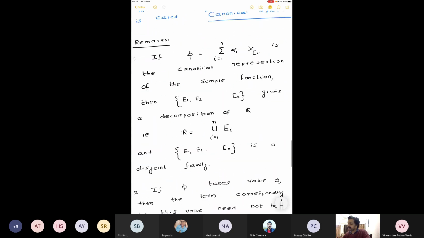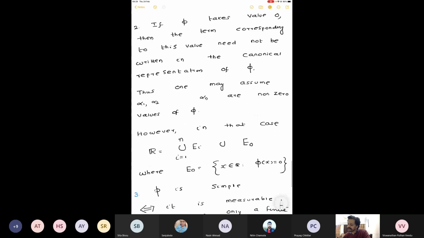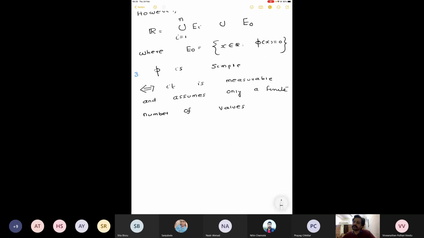Therefore, why I made it as a remark is that some authors define simple function like this: a function is said to be simple if it is measurable and assumes only a finite number of values. Some authors may not even worry about measurability. They would just say that a function is simple if it assumes only a finite number of values.